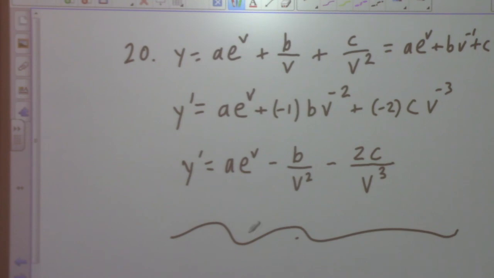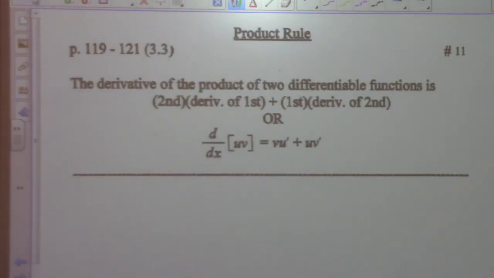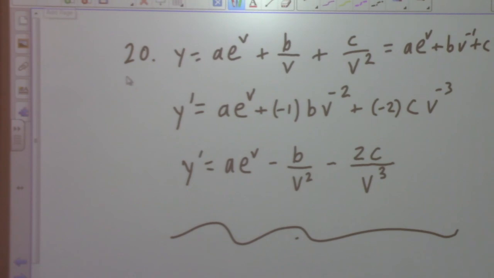Number 16? Yes. Okay, Aaron is interested in 16. Piece of cake. Okay, 16, that's going to be 20, I failed 19, 18. So it's this one here.